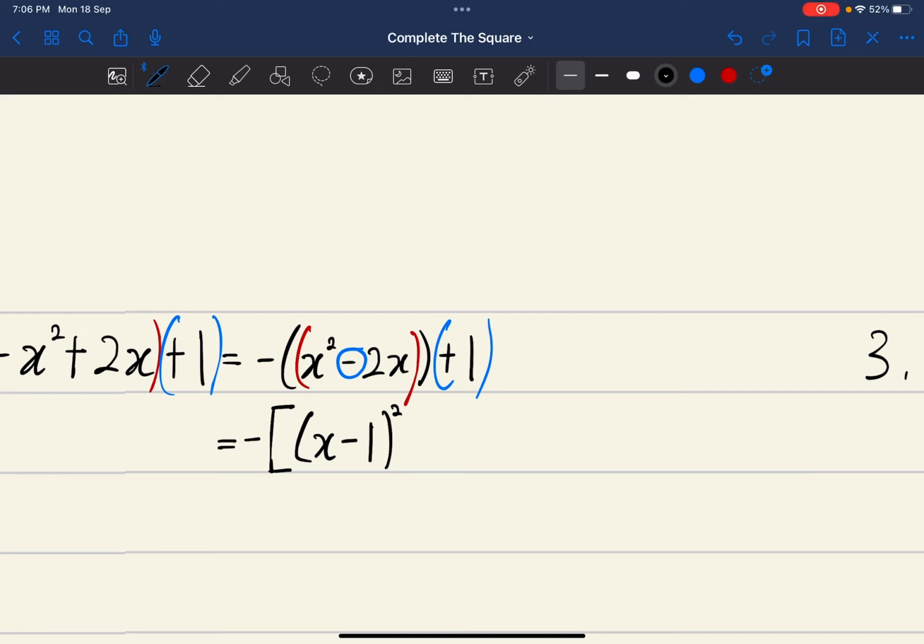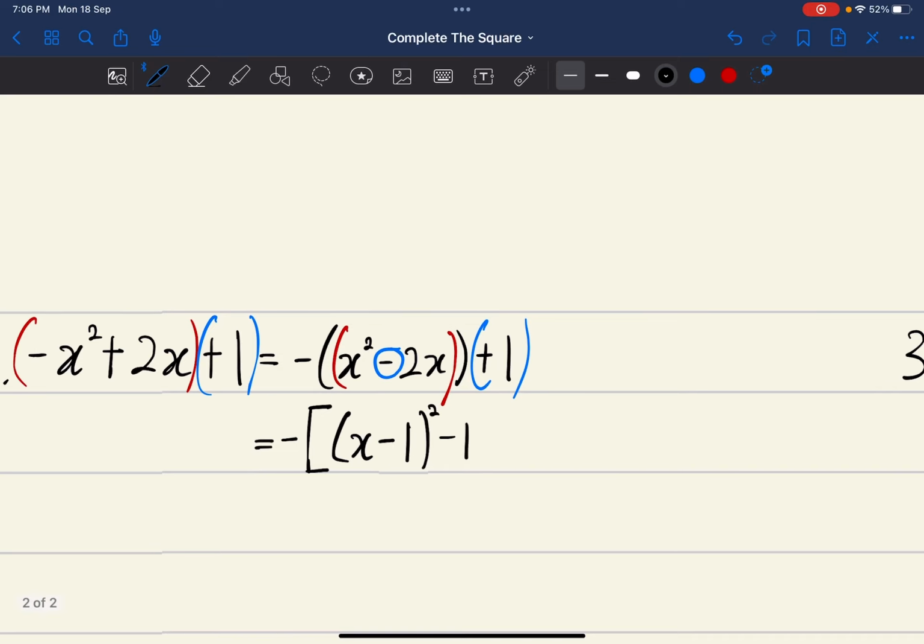The next step is to now square -1 and then multiply that value by -1. So what's -1 squared? -1 squared is 1. And 1 multiplied by -1 is -1. All right, so that's it. But you would think you would have to add 1 inside and close the bracket, right? No, we actually close the bracket here and write this +1 outside.